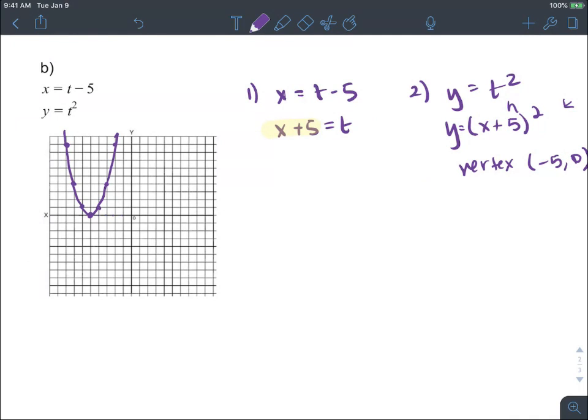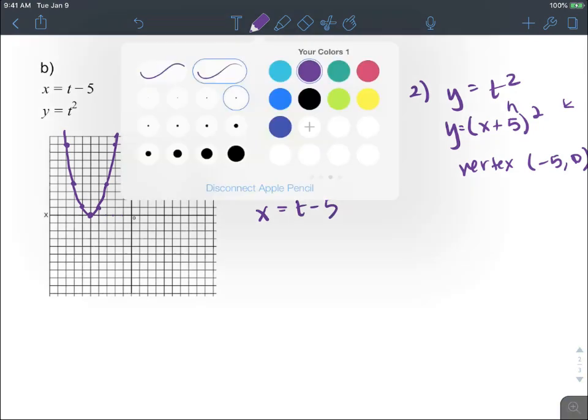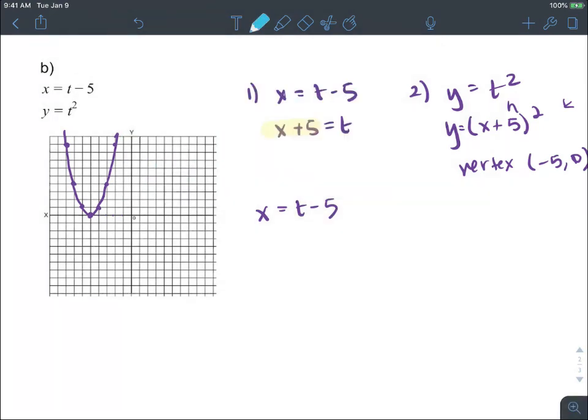So I'm going to take x is equal to t minus 5. And I'm going to go ahead and start subbing in t values. So t is equal to 0. So I get x is equal to -5. Actually, let's write this differently. We're going to call this x of t, because t is the input, equals t minus 5.